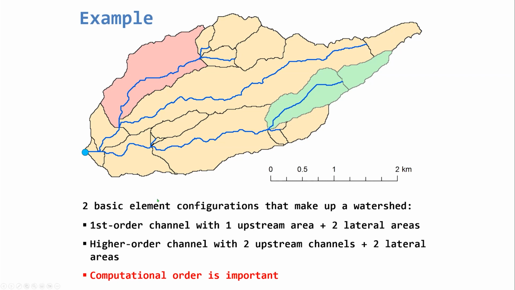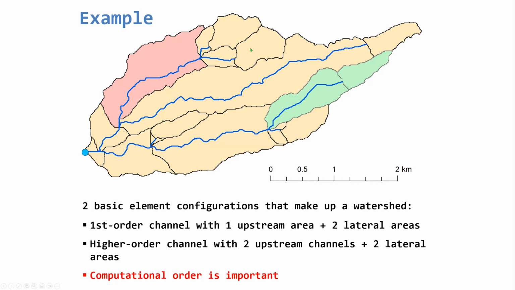Now, the computational order is important. And again, AGWA takes care of this for you, but you have to basically make sure you're doing the computations from the outline of the watershed, the ridges of the watershed, and work your way down.